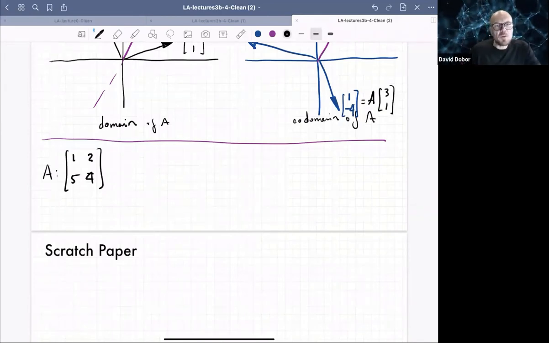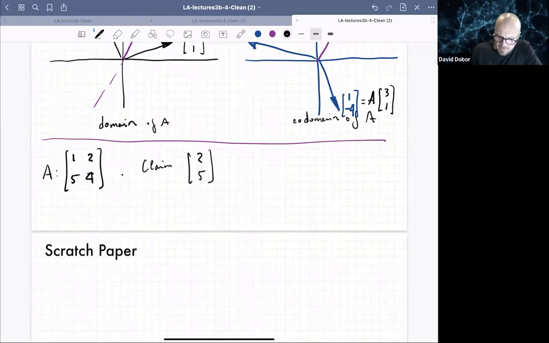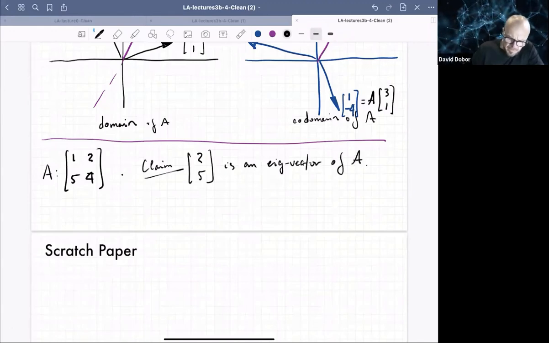But if I told you an eigenvector, given the definition we now have in place, we can check whether it's an eigenvector. Here's my claim, and we'll simply check. Claim: 2, 5 is an eigenvector of A. Check.